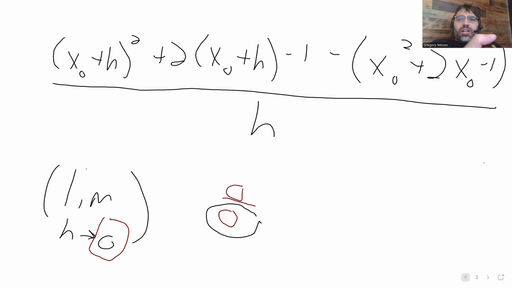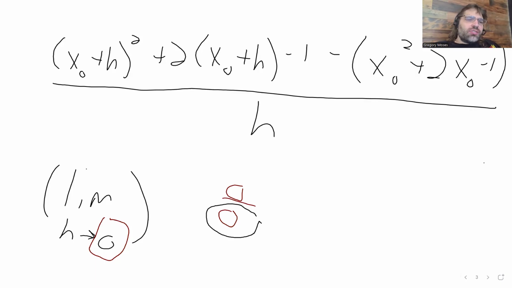And the numerator is just a mess. I'm gesturing at it with my hand as if you can see what I'm pointing at. But we've got this factored thing, we've got distribution that we can do, we're subtracting a quantity. There's a lot of simplification we can try to do in the numerator.